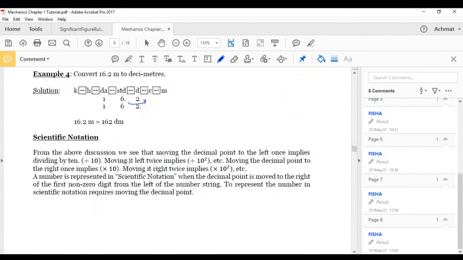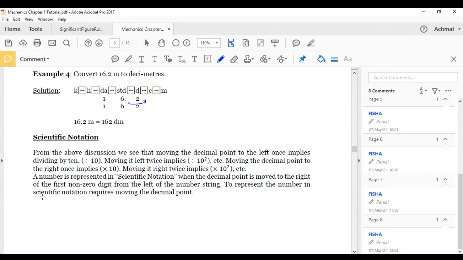Keep that in mind. Now a number is represented in scientific notation when the decimal point is moved to the right of the first non-zero digit from the left of the number string.